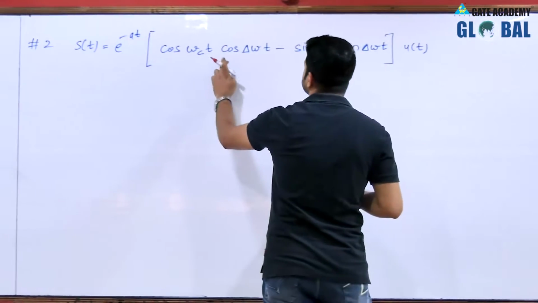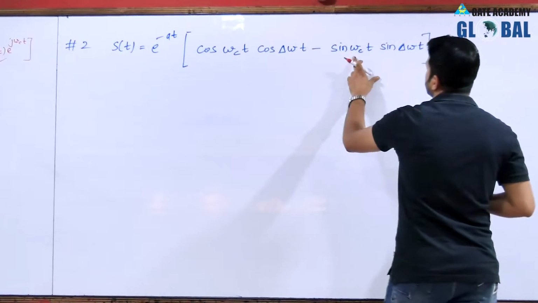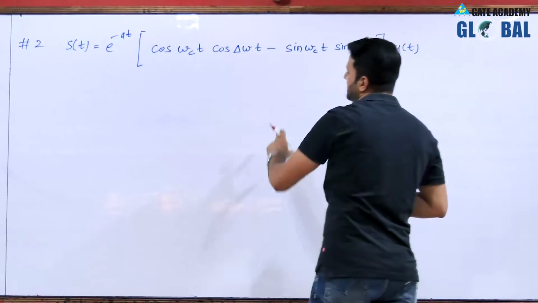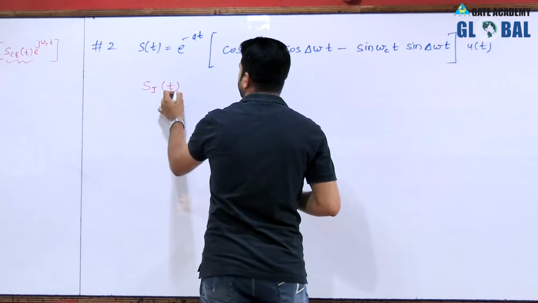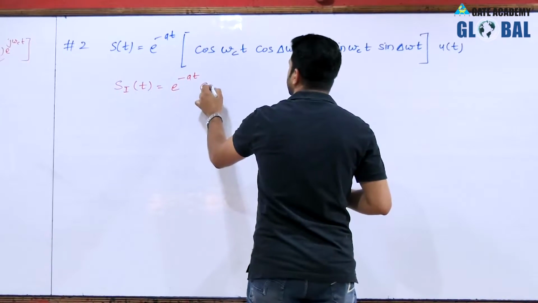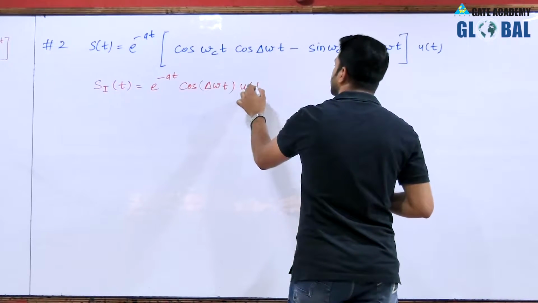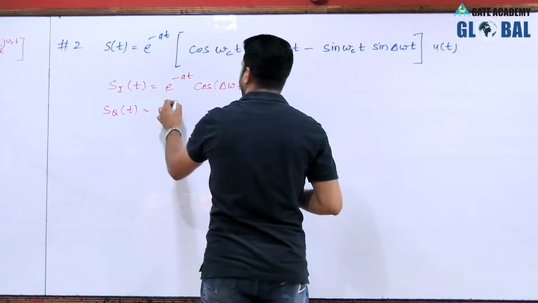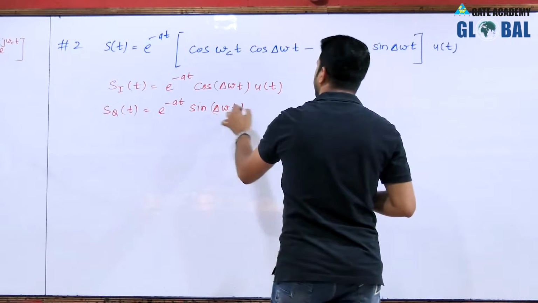The coefficient of the in-phase component is cos delta omega t, and the coefficient of the quadrature component is sine delta omega t, and there is already a minus sign. So the in-phase component of this band pass signal is e to the power minus at cos delta omega t u(t), and the quadrature component is e to the power minus at sine delta omega t u(t).